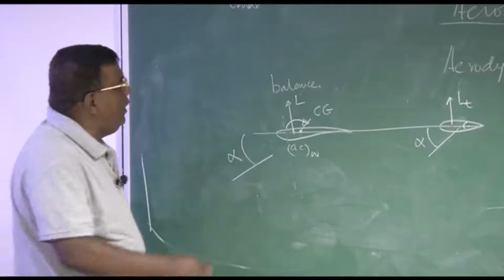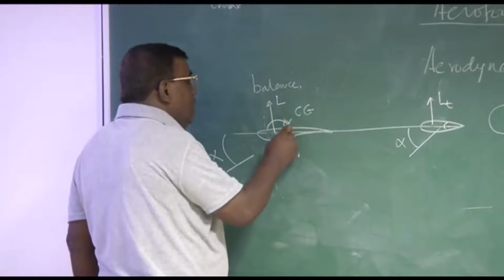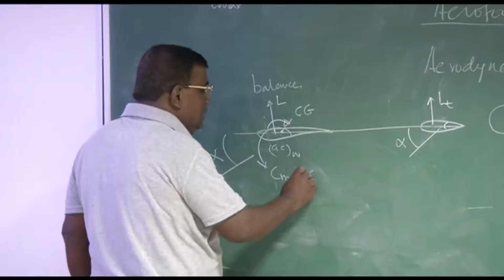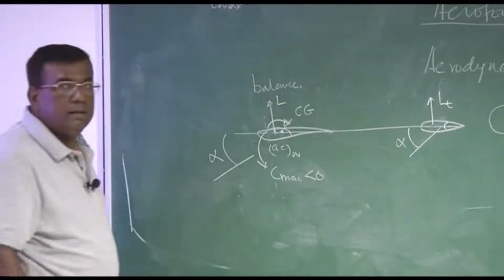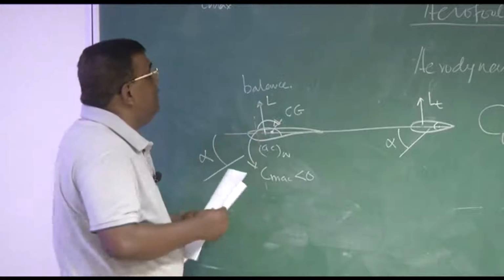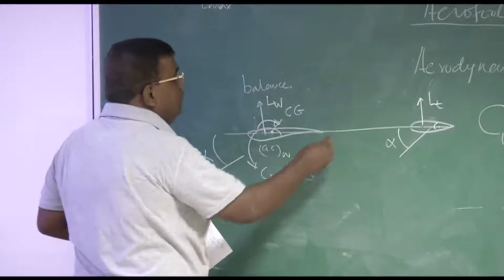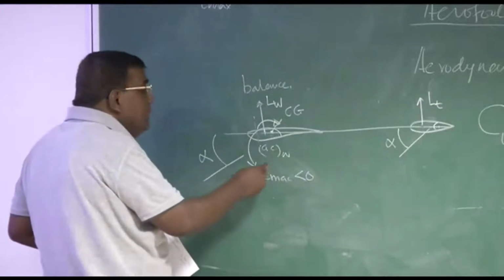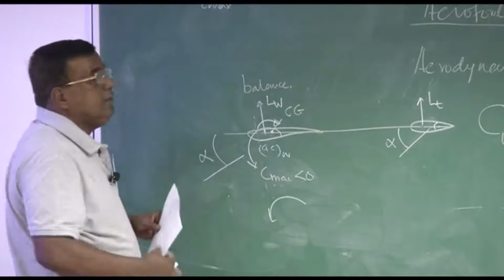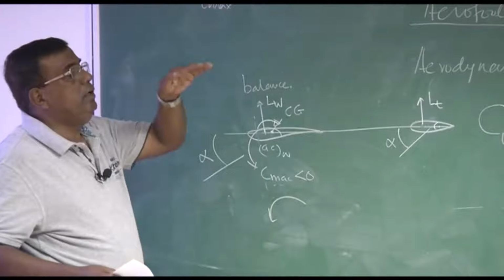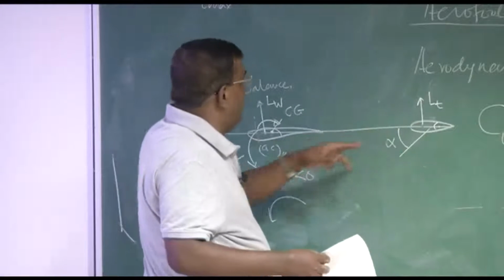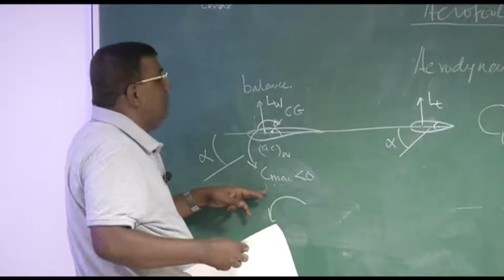But the problem is, once you have a cambered wing, you already have another CMAC which is less than 0. This moment is also there. You have to correct the moment about CG because of lift on the wing, which is balanced by lift on the tail, plus you have to balance the nose down moment which is coming because of CMAC. So you have to ensure that through the tail I balance the CMAC also.